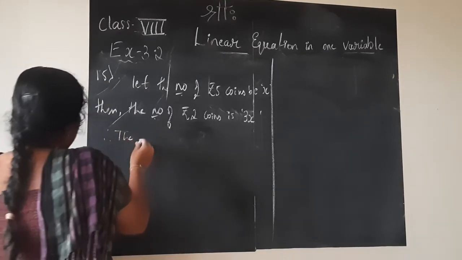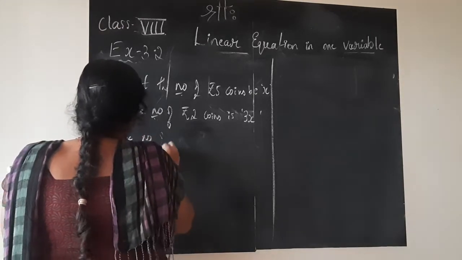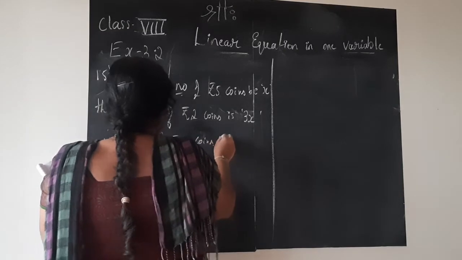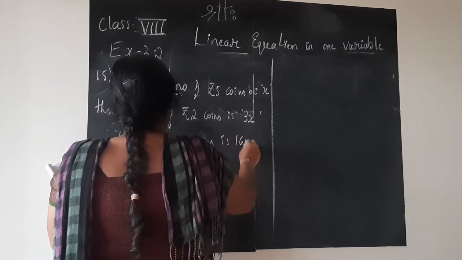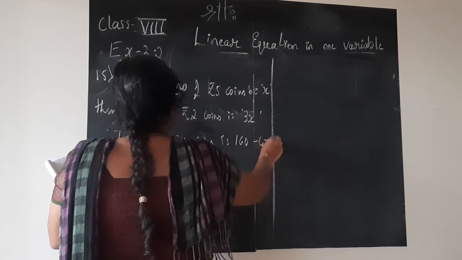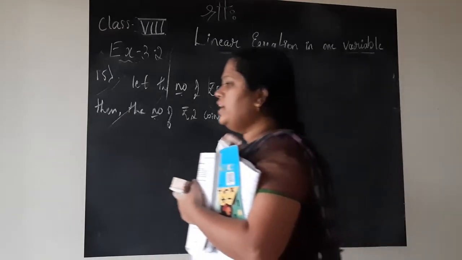Therefore, the number of rupee 2 coins is 3x. Why?